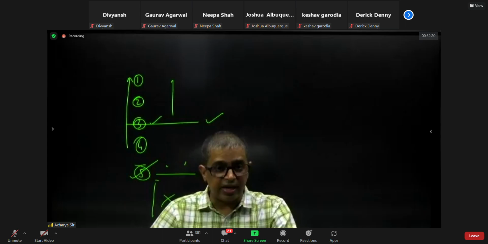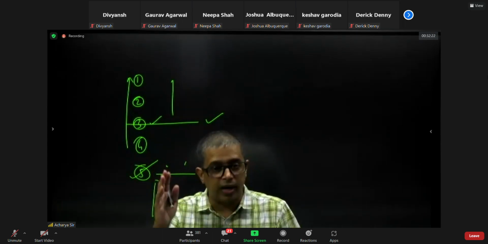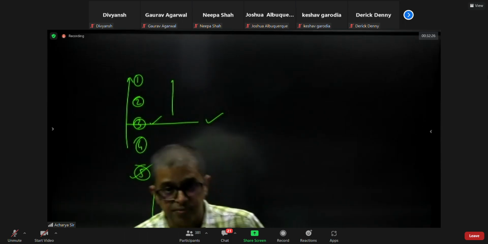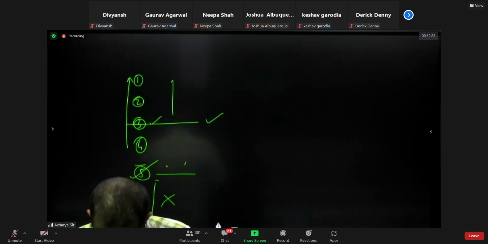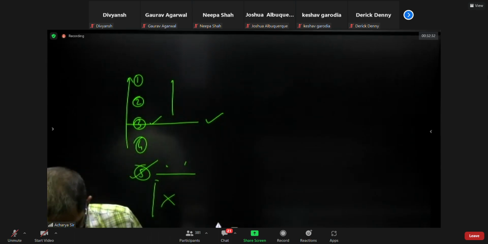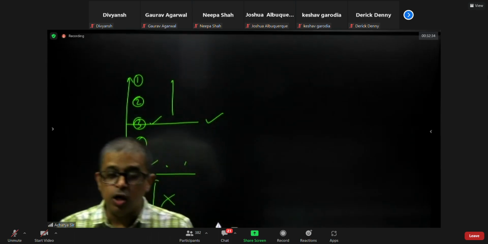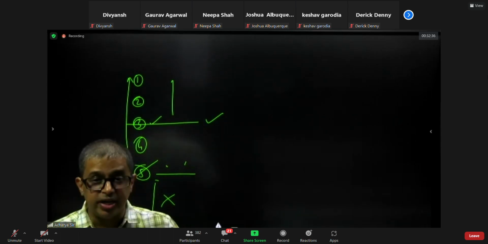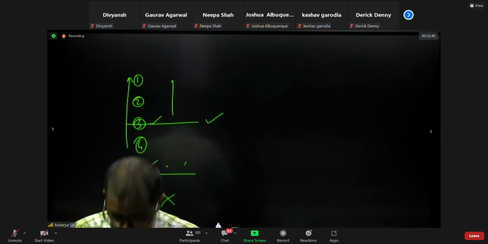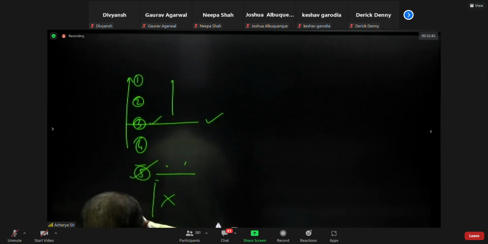For NITs, there are allotment centers where you will have to go and get the verification done physically. Please see the list. That choice filling and that verification will be done from June 19th to 28th. Direct verification of the candidate is mandatory there.